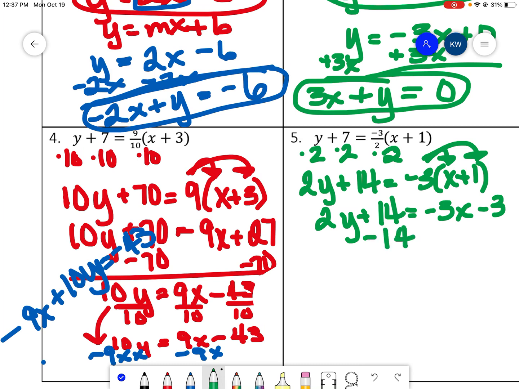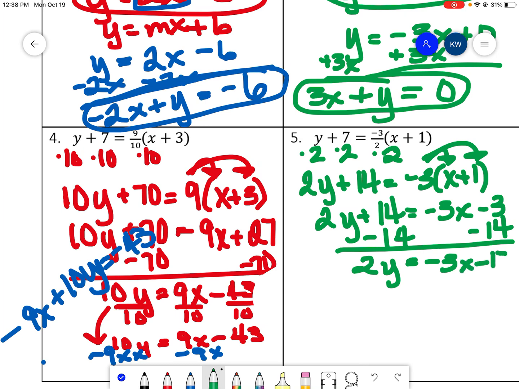You move the constant with the y by doing the opposite operation. Divide by 2, divide by 2, divide by 2. y equals negative 3/2 x minus 17/2.